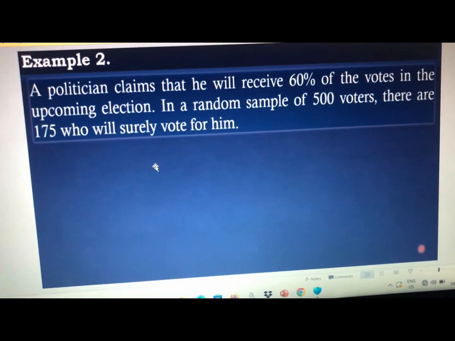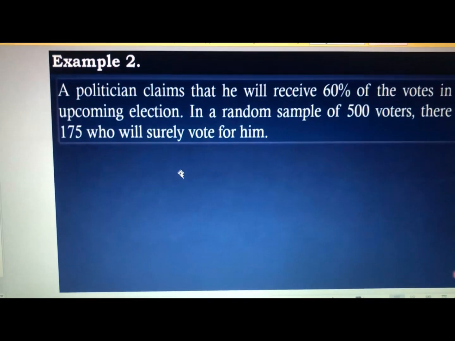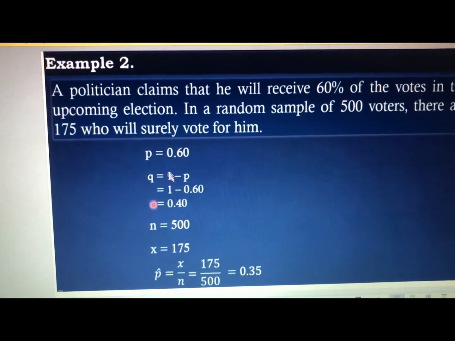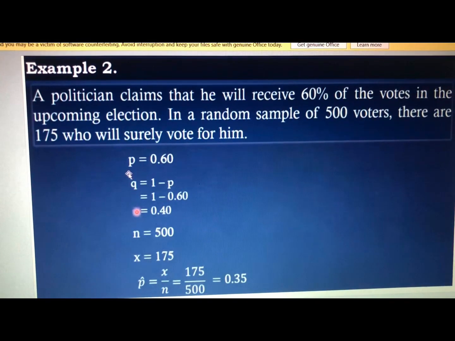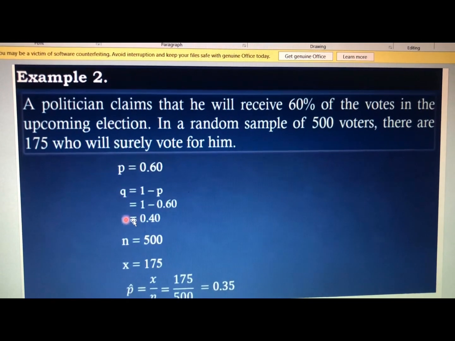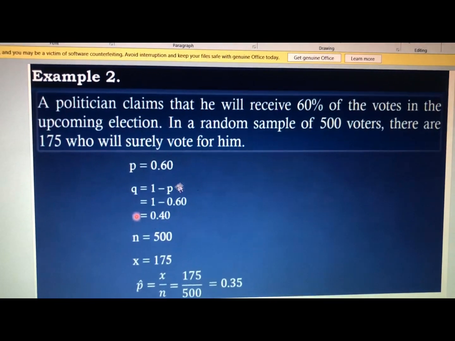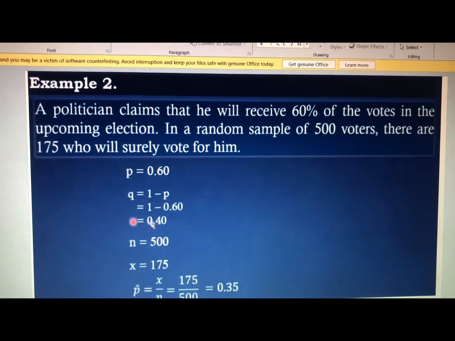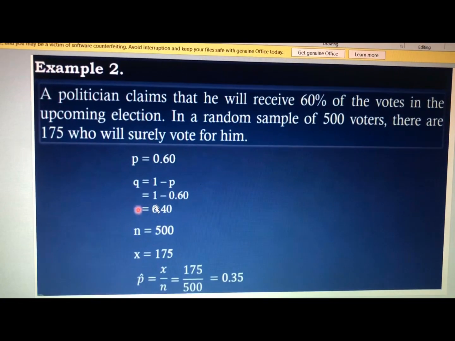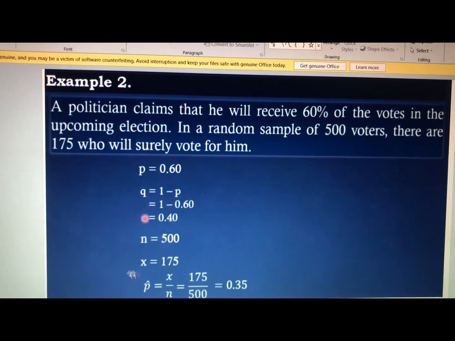Next example. A politician claims that he will receive 60% of the votes in the upcoming election. In a random sample of 500 voters, there are 175 who will surely vote for him. So first, identify natin what is the hypothesized proportion. That is 60%. So yung P is equal to 0.60. So next is the value of Q. So yung Q natin, that is 1 minus P. So since yung value ng P natin is 0.60, 1 minus 0.60, the value of Q is 0.40.